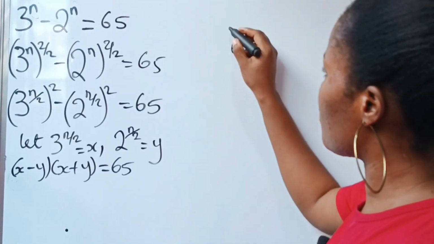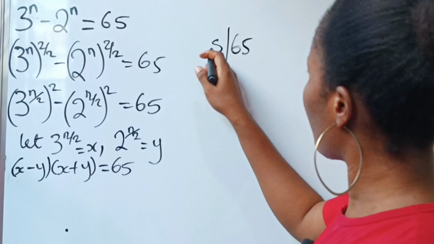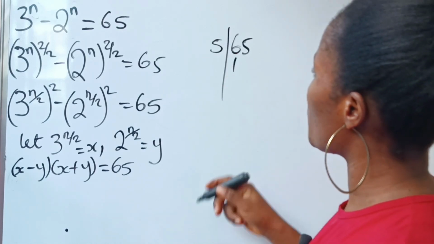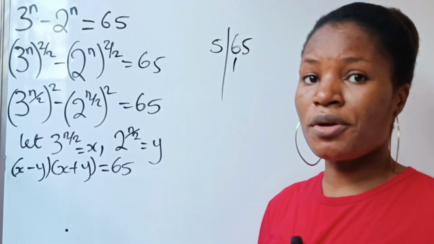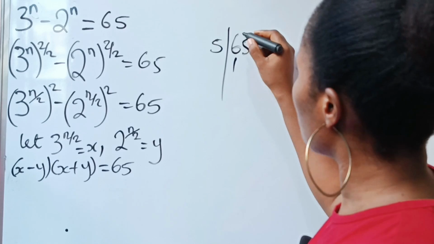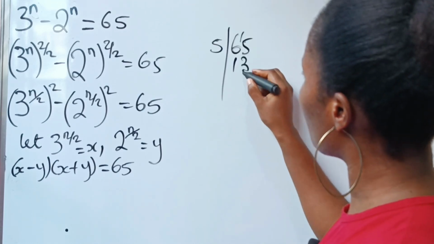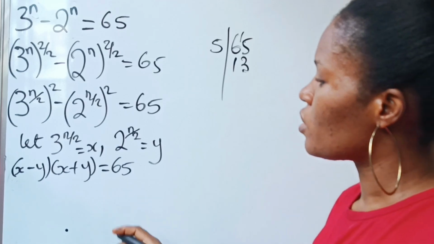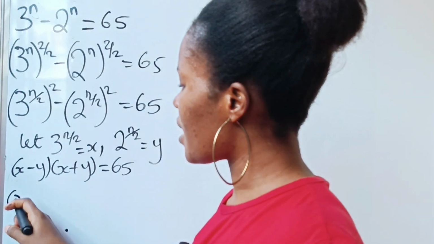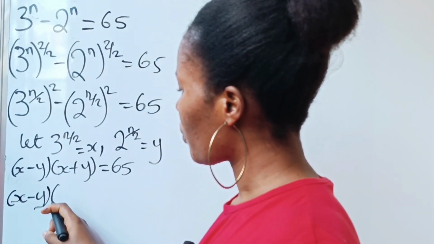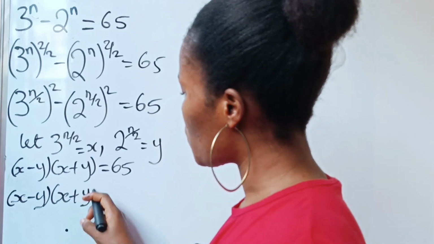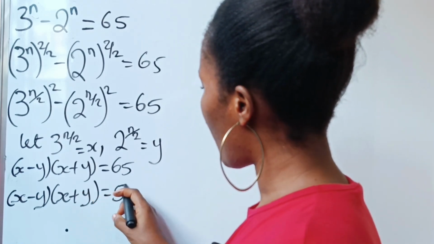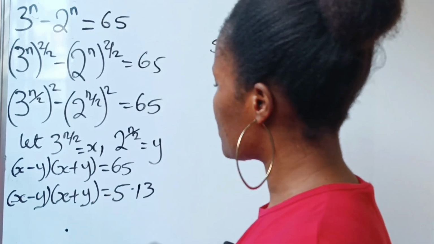What can divide 65 is 5, and when 5 divides 65, we have 13. That means we have 5 multiplied by 13 as 65. So we can now rewrite this as x minus y multiplied by x plus y is equal to 5 multiplied by 13.